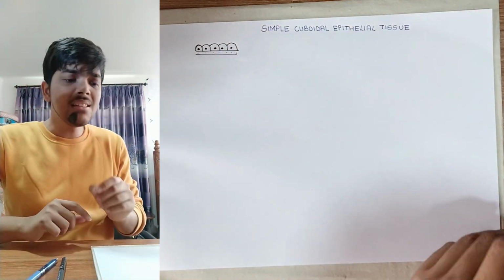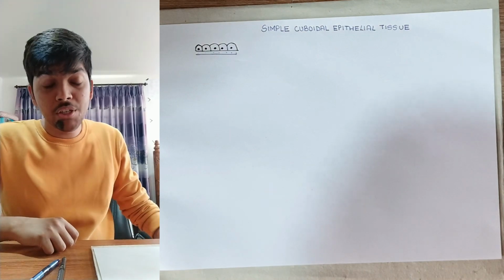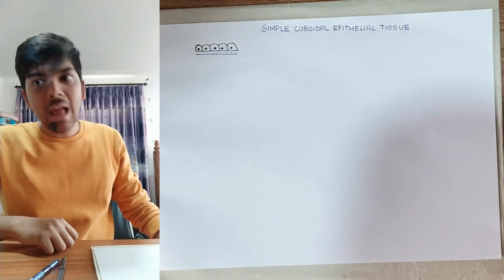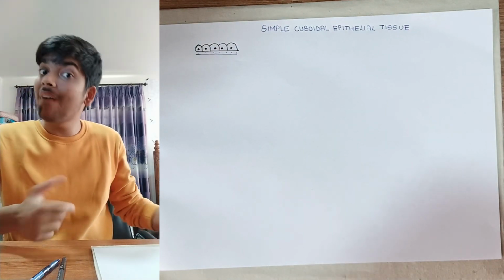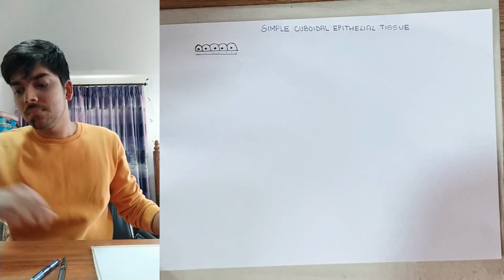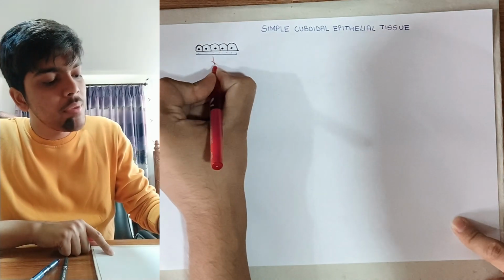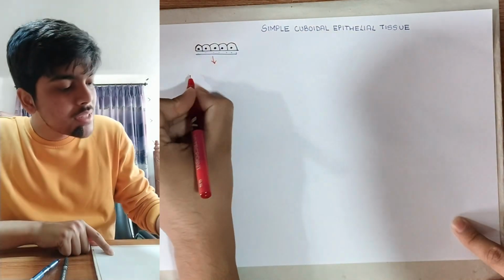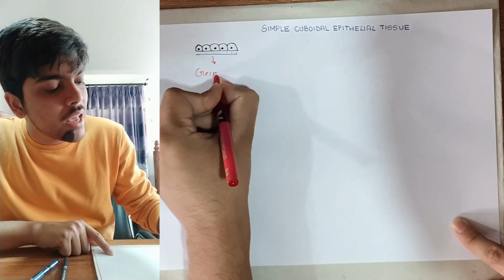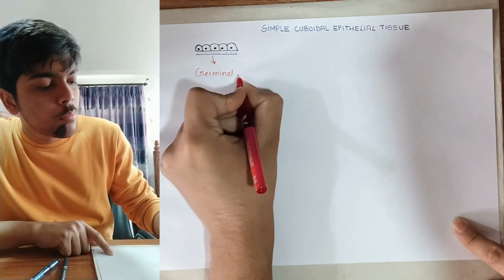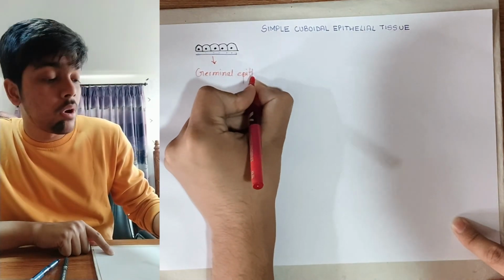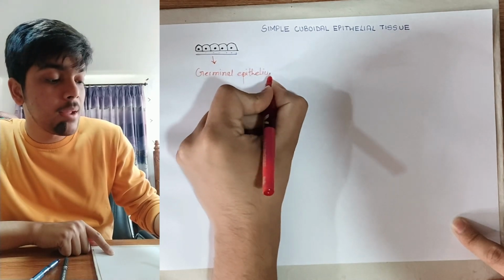So, where is simple cuboidal epithelial tissue found? And on the basis of where it's found, what is its function? Simple cuboidal epithelial tissue forms the germinal epithelium. Now you might be wondering, what is germinal epithelium?